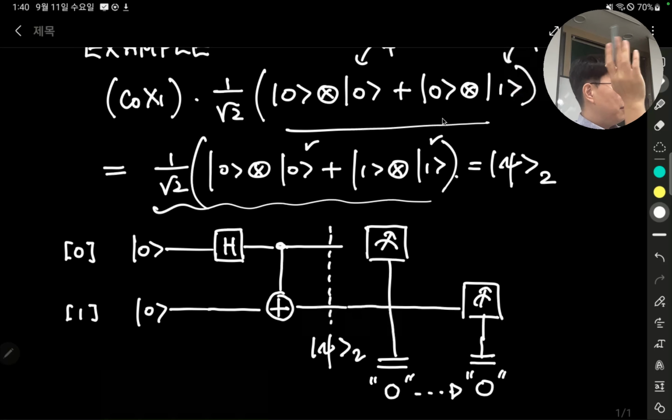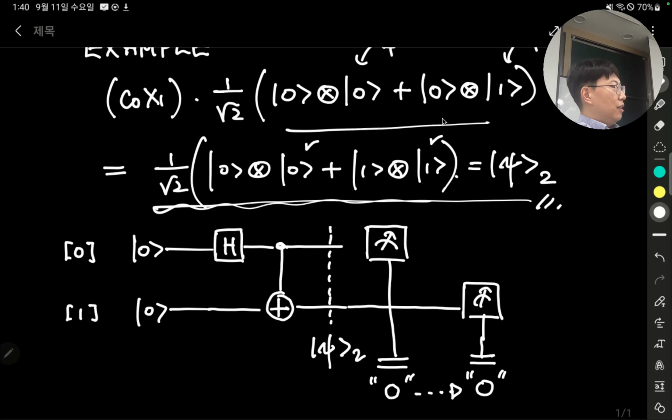Well, mathematically, there's nothing special about this. But if you think about this in a practical sense, let's say you prepared two qubits physically, applied a Hadamard gate and a controlled NOT gate, and made the two-qubit state like this. Then you take these two qubits far away from each other, and now you take the measurement. One person with one qubit takes the measurement and gets 0. The other person will always observe 0, right?